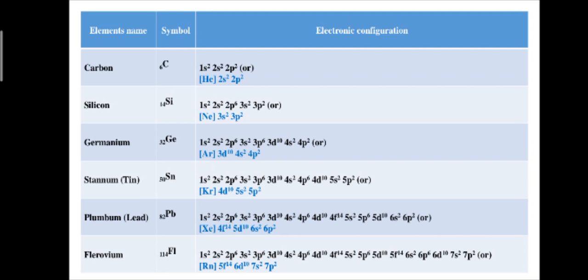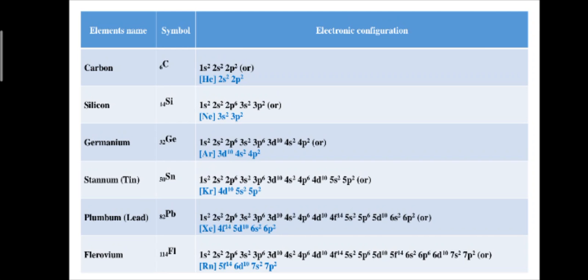Its electronic configuration is neon configuration 3s2 3p2. The atomic number of germanium is 32. Its electronic configuration is argon configuration 3d10 4s2 4p2.